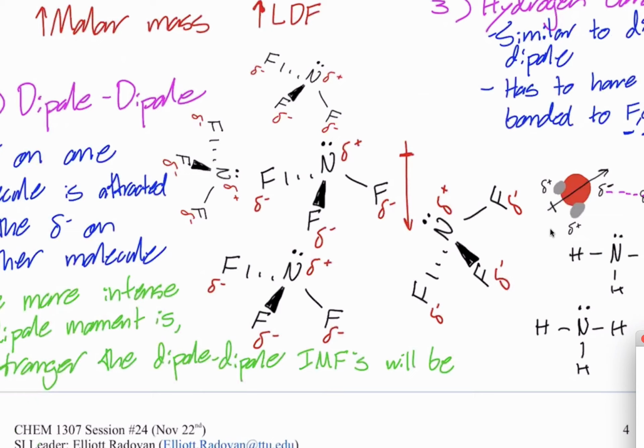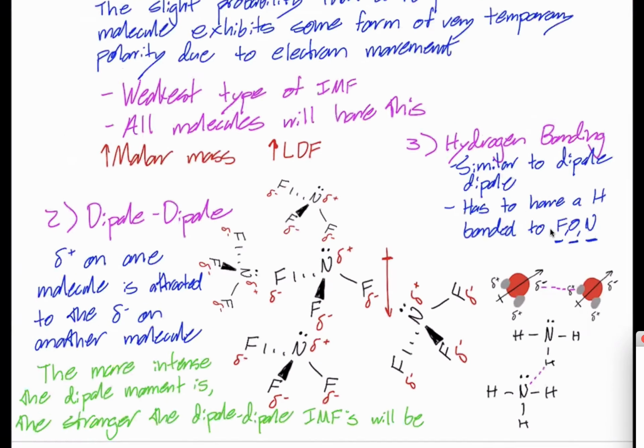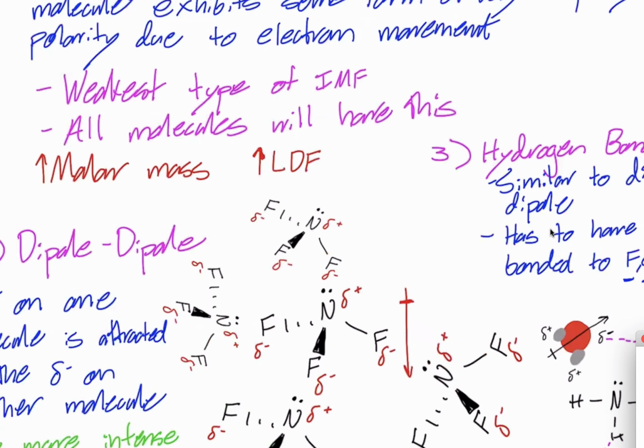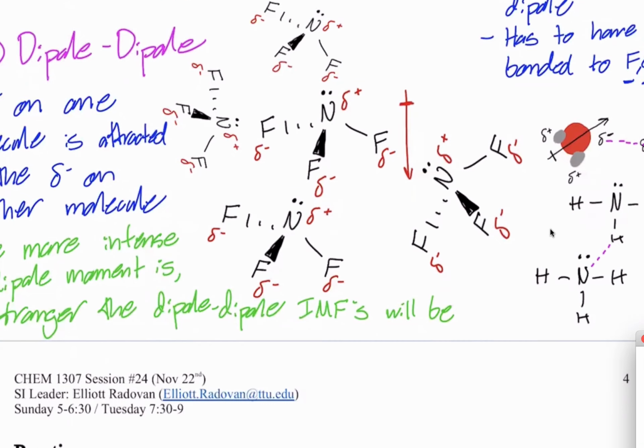So there will be an attraction between one of those hydrogens and the electronegative atom that hydrogen is also bonded to on an adjacent atom, okay? So that's hydrogen bonding.